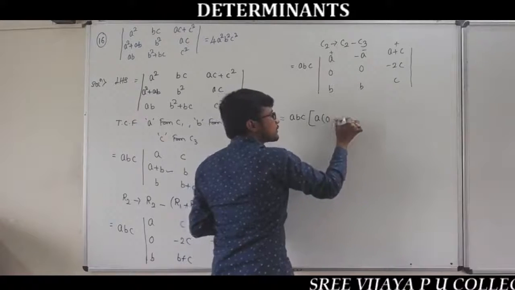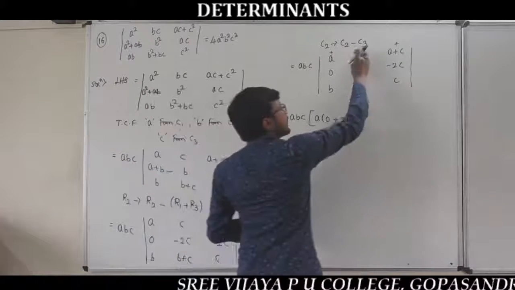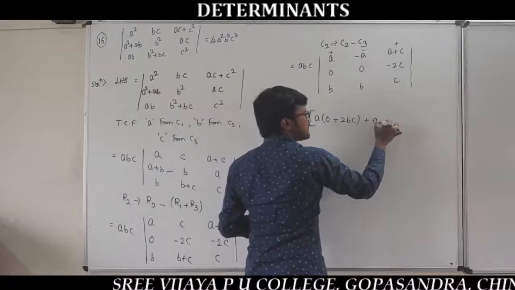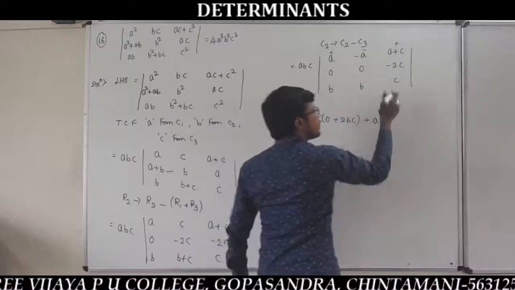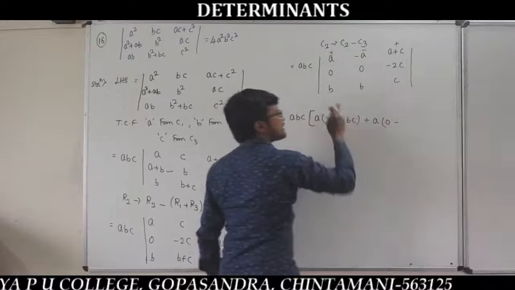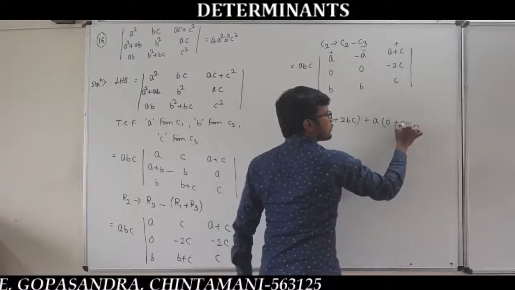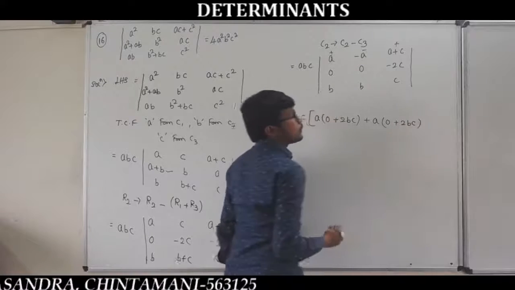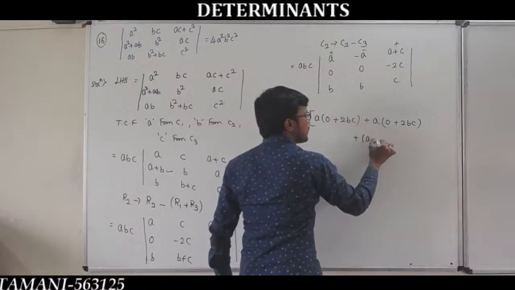So that minus into minus becomes plus, right? It becomes 2BC. Okay, next. Minus into minus, plus C. For this element, you can do the first row, second column. 0 into C, 0 minus B into minus 2C, minus 2BC. So that minus into minus becomes plus, right? It's 2BC.